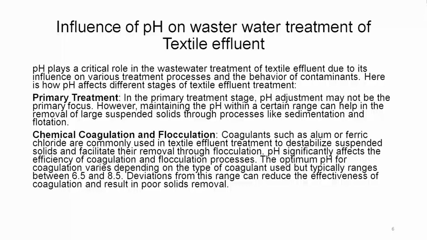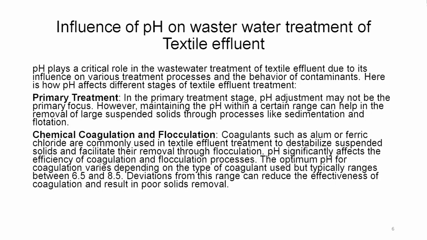The COD, BOD, pH adjustment, TSS, TDS and nutrients like nitrogen and phosphorus and salt. So, these are the main culprits which cause the main pollution in the textile effluent. Now, let us see one by one.